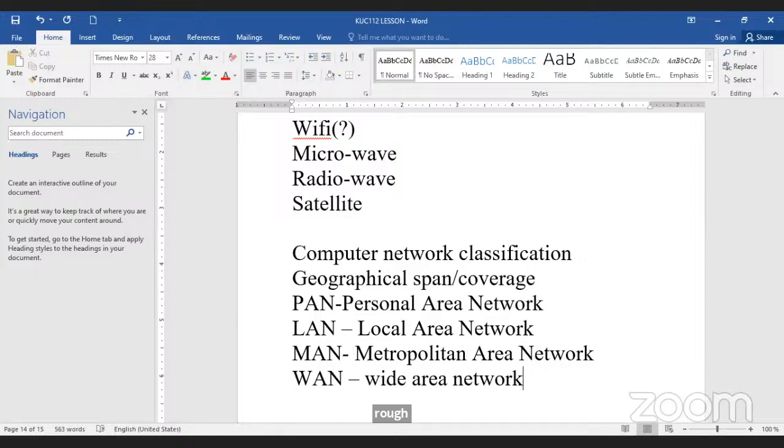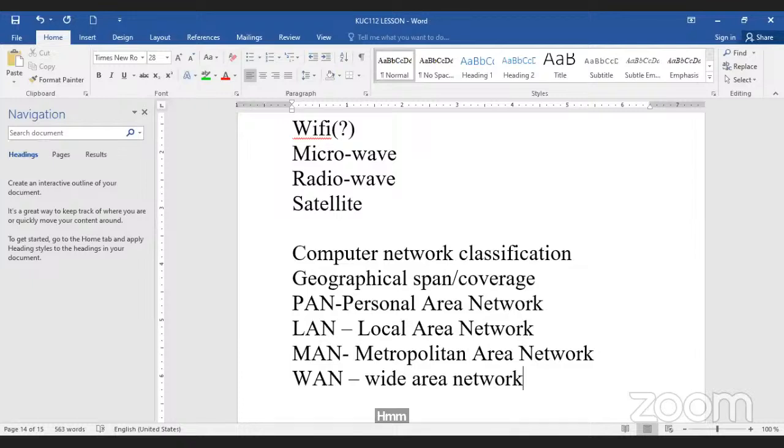We call it a local area network. Examples are networks in a university or in a building. It covers a particular organization or a particular building.